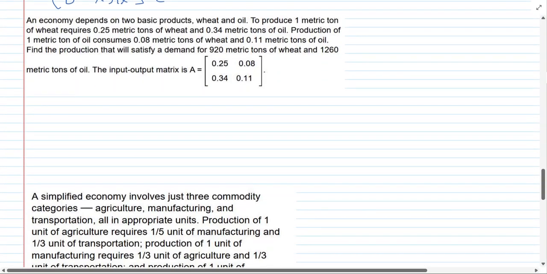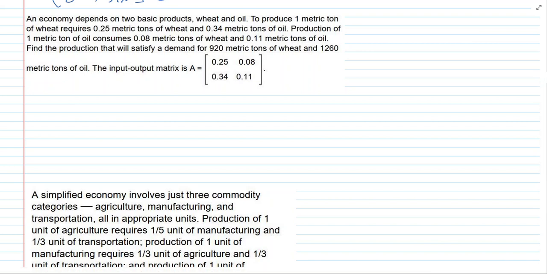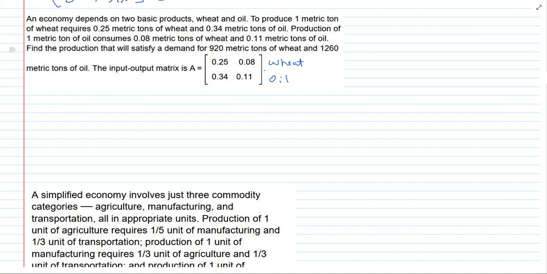Now we're getting into the actual information that's given to us. An economy depends on two basic products, wheat and oil. All right, to produce 1 metric ton of wheat requires 25 hundredths metric tons of wheat and 34 hundredths of oil.